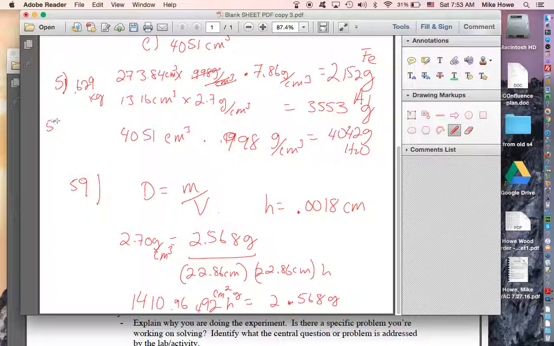And in 53 the answer would have been 1.07 kilograms. And in 55 the answer was 10,400 grams.